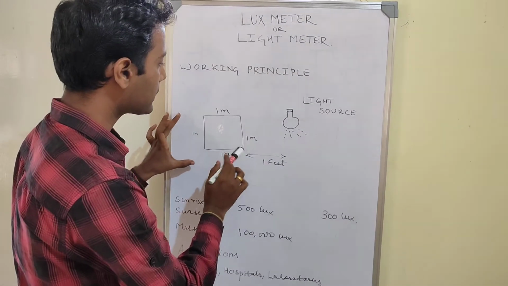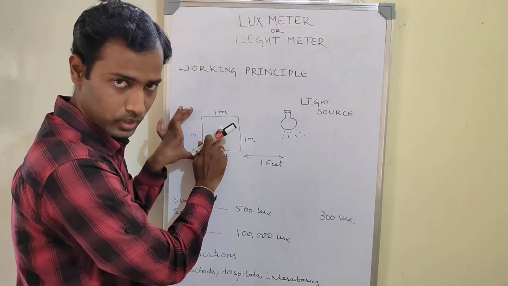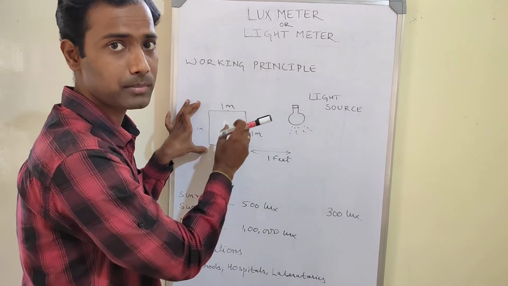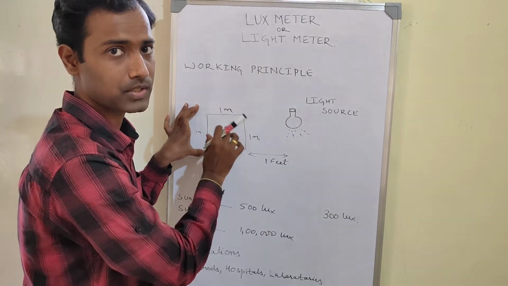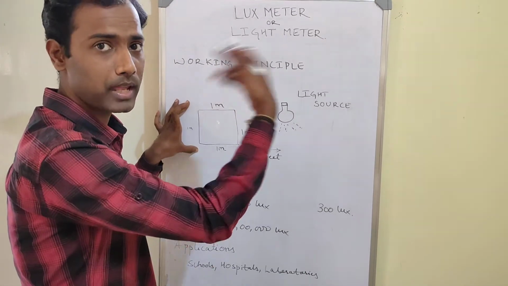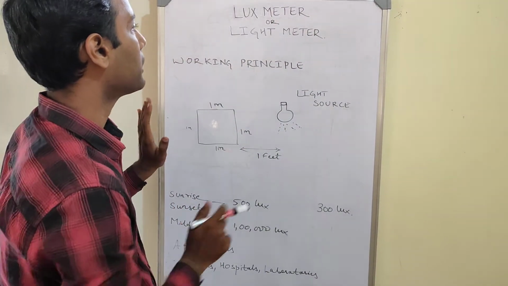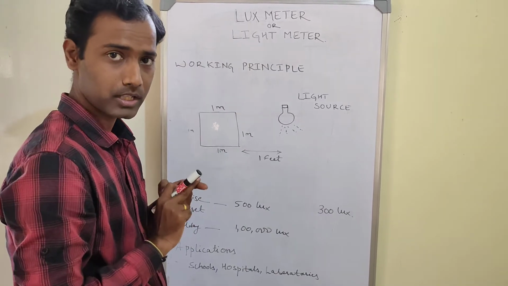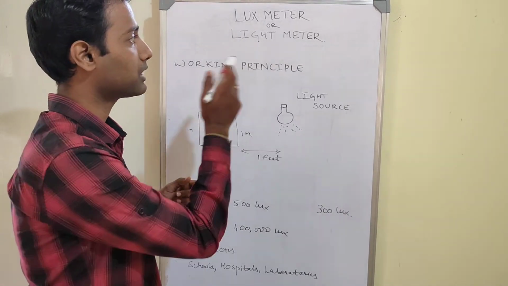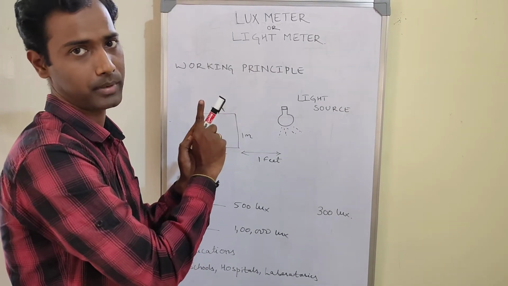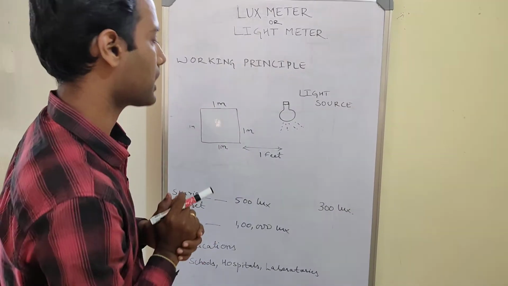We keep it on this particular area, and the sensor senses how much light is present in this area, and that is in turn shown on the display. So this is all about the lux meter. As I already told you, it can be a digital or analog lux meter. Previously we used analog lux meters, and the reading is displayed in needle format, that is why it is analog.